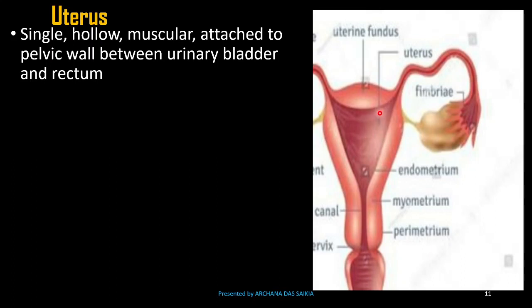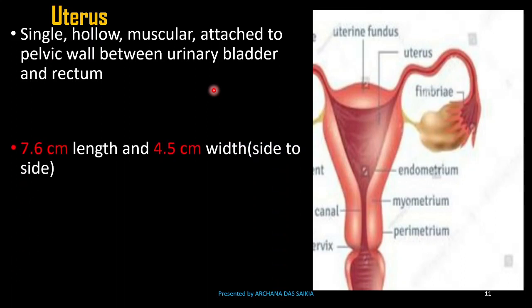The urinary bladder stores the urine formed by the excretory system, and the rectum stores the undigested food particles.